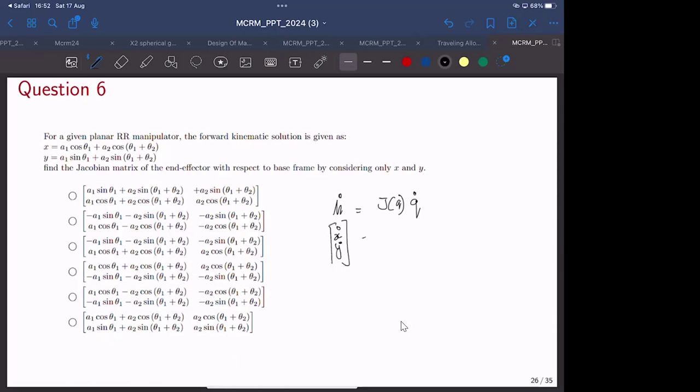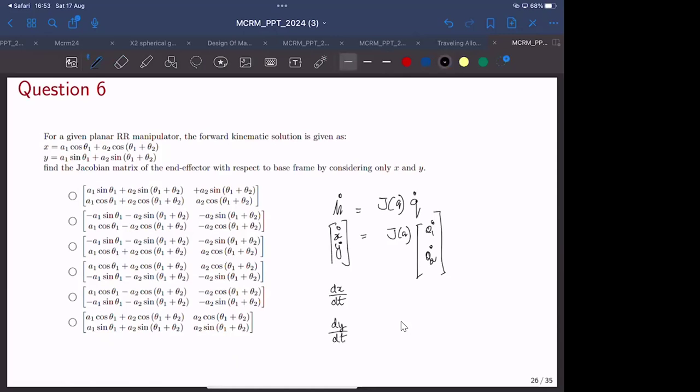We have a Jacobian matrix, and what we are mapping are the input variables, theta 1 dot and theta 2 dot, right? This X dot, Y dot are nothing but the derivative of X with respect to time and derivative of Y with respect to time.